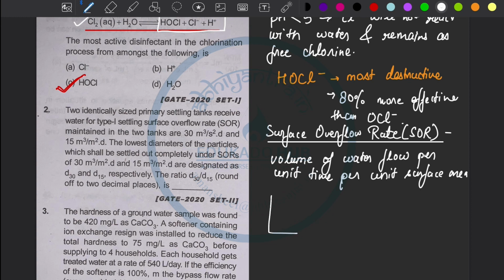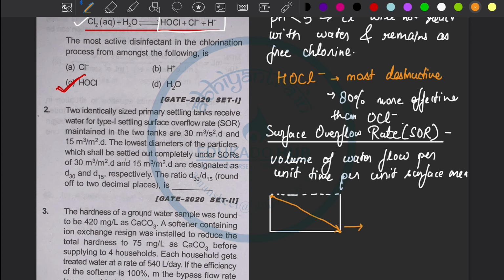If a particle is going through this tank, let's suppose, and water is till here. Now if there is any particle which wants to settle, the settling velocity is how much speed the particle needs to settle before going out of the tank, right?